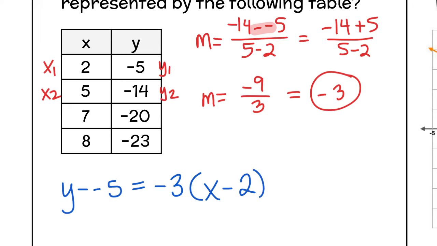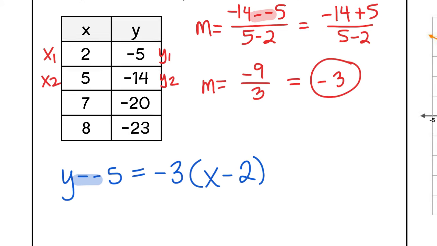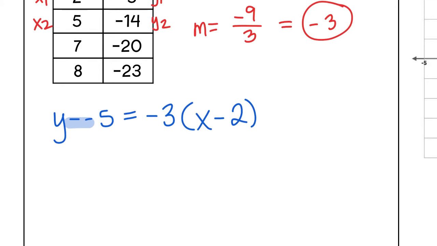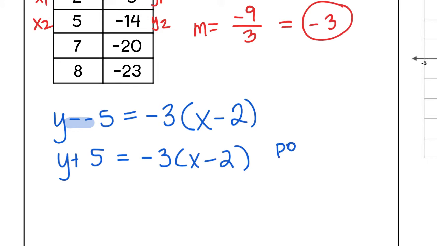That double negative came up again, so I want to fix that really quickly. That double negative will turn into a plus sign. y plus 5 equals negative 3 times x minus 2. This is now our point slope form.